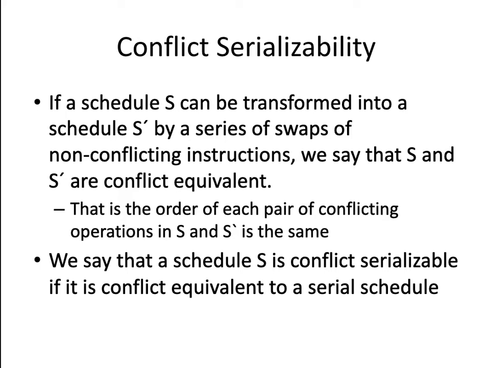And after that swapping, if the two schedules S and S dash become equivalent, then we say that they are conflict equivalent. And if the schedule S that you are transforming into S dash is found to be a serial schedule, then we say that the schedule is conflict serializable.